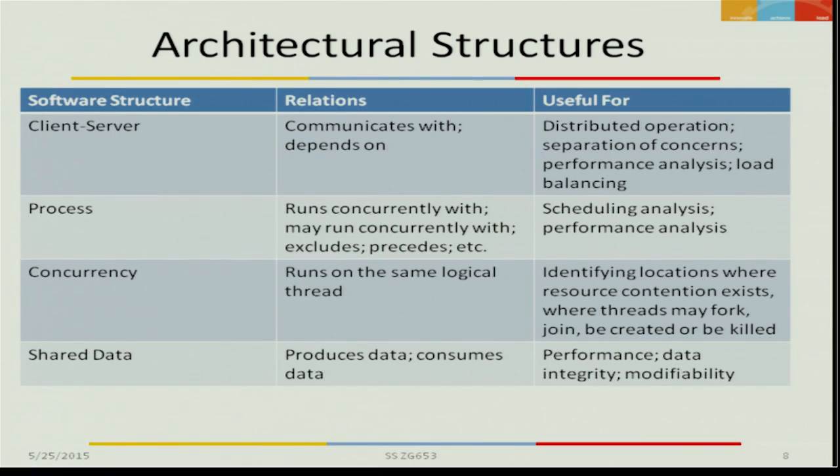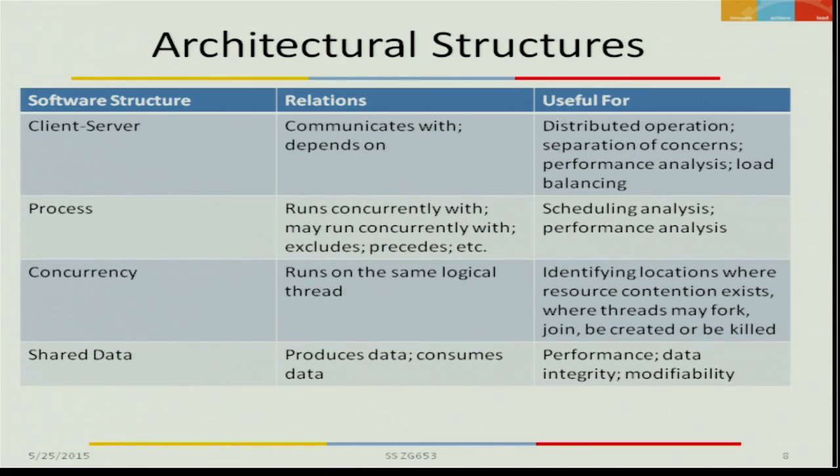Concurrency is again, if there are two components which are connected by a connector, then it means that they are running on the same logical thread. So it identifies locations where the resource contentions may exist.